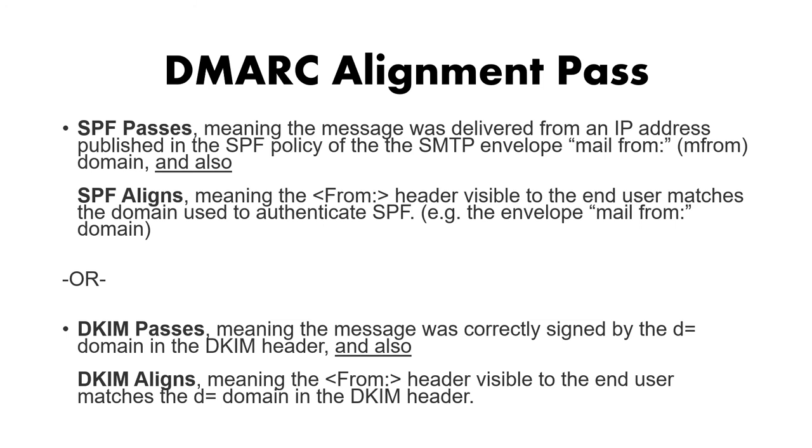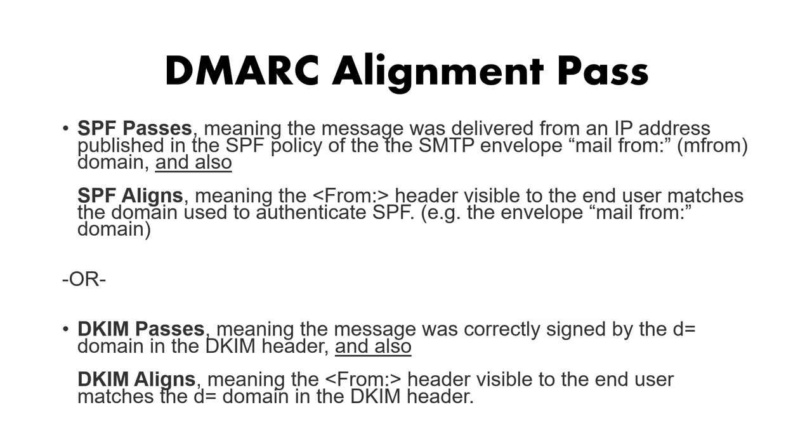Or if you're doing DKIM alignment, it means that DKIM passes, meaning that the message was correctly signed with those public and private keys, which we talked about before, and also that it aligns, meaning that the from header that is visible to the user matches the d equals domain in the DKIM header. So the big picture is that the alignment piece added is checking the from address.